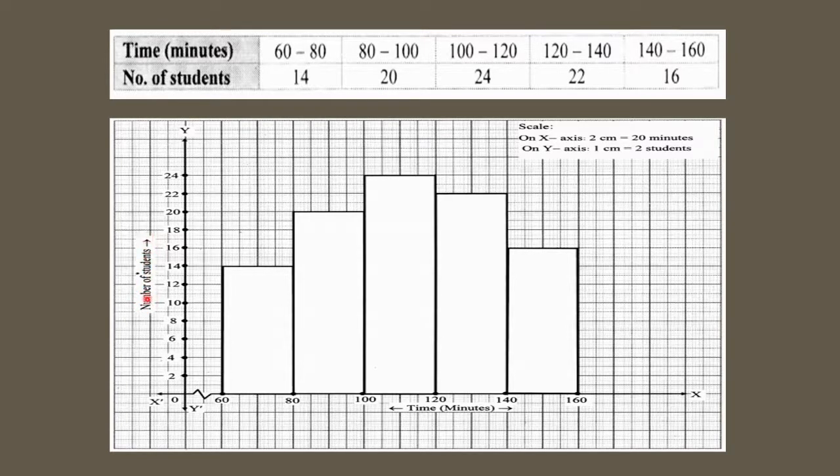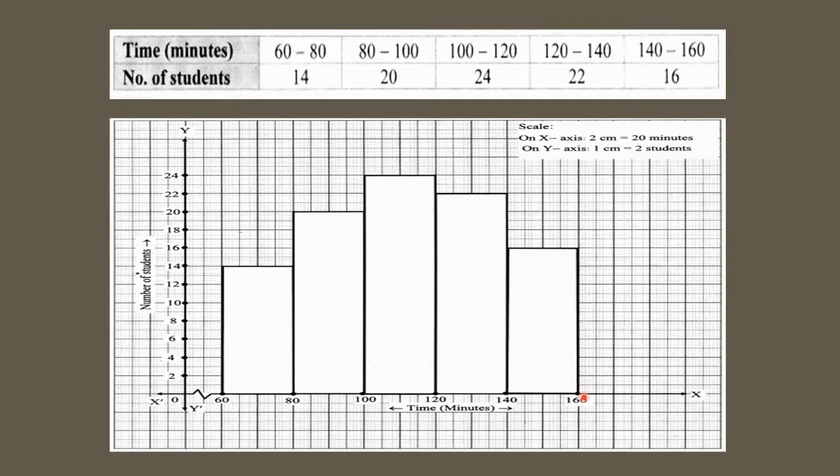Your first class is 60 to 80, therefore mark on the x-axis 60, 80, 100, 120, 140 and 160. And frequencies are 2, 4, 6, up to 24. Your first class, 60 to 80, is 14, and 80 to 100 is 20, and 100 to 120 is 24, and 120 to 140 is 22, and 140 to 160 is 16.